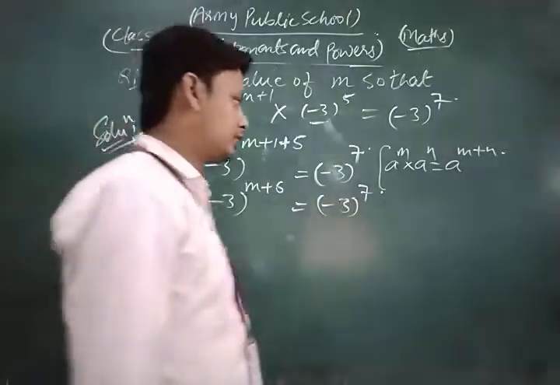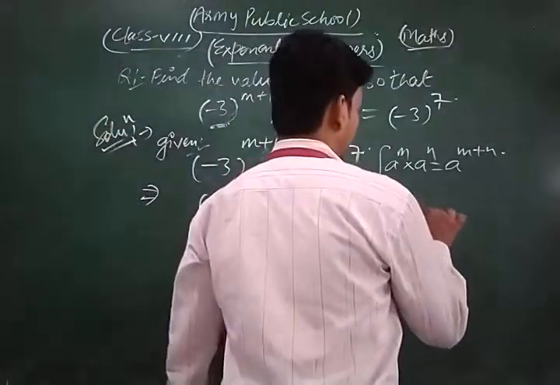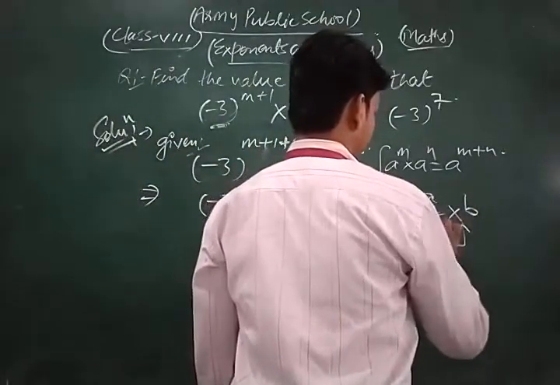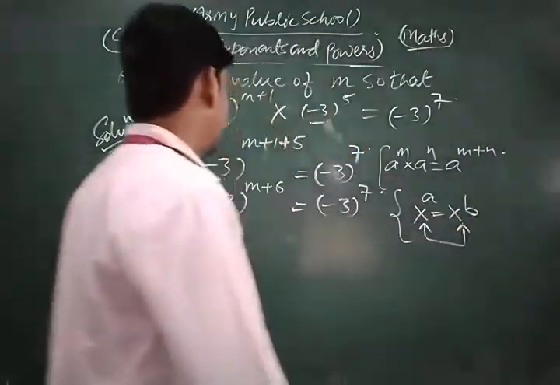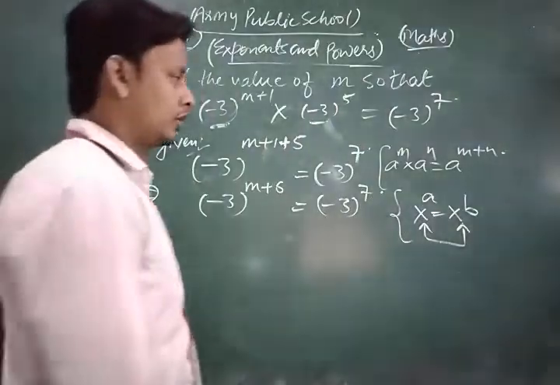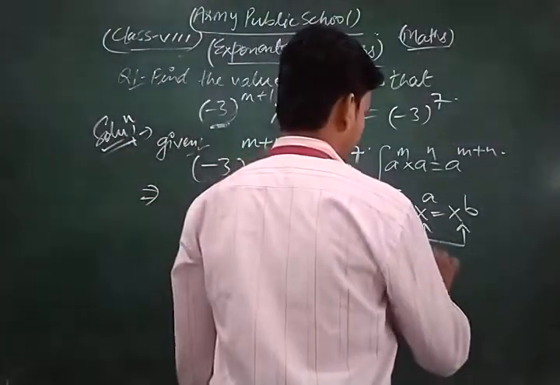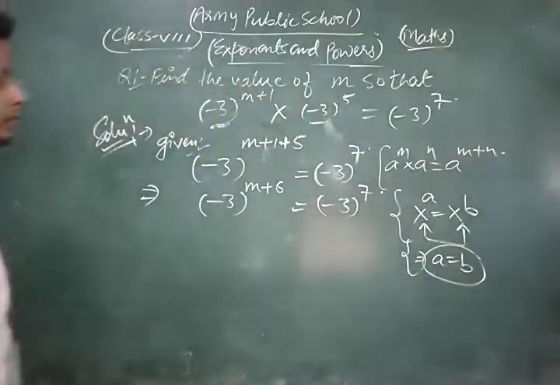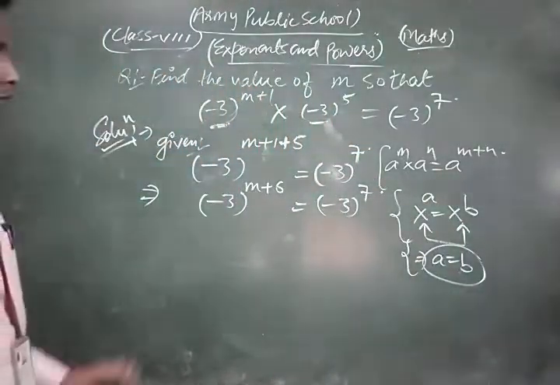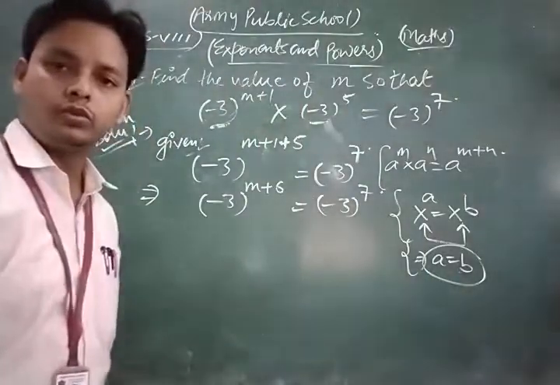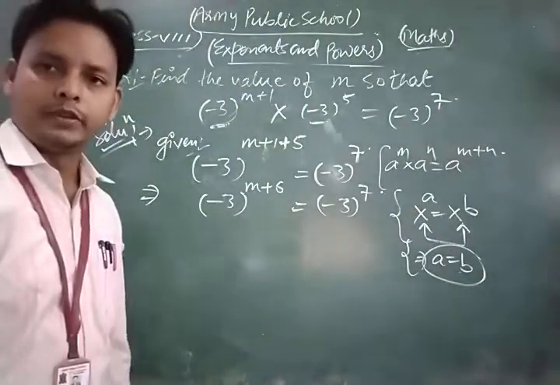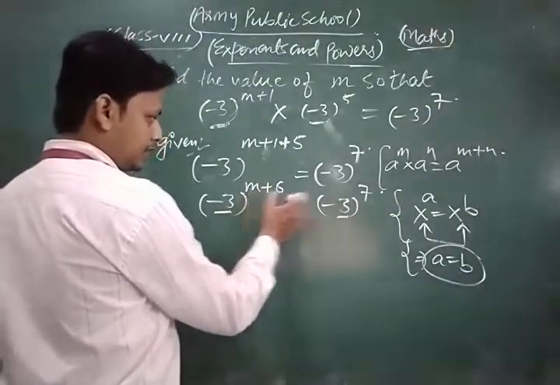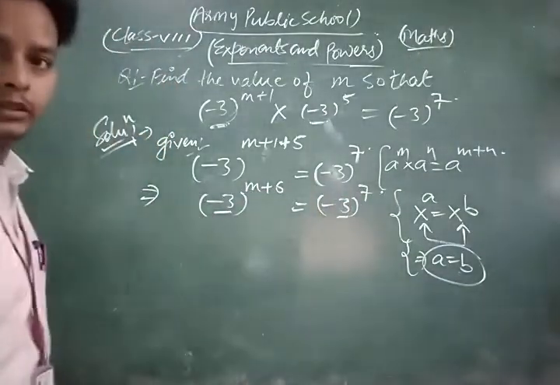The bases are the same, and we just discussed that if x power a is equal to x power b, meaning the bases are the same, then the powers are also compared, so we can have a is equal to b. Now this is minus 3, this is minus 3, so here the power m plus 6 is equal to 7.